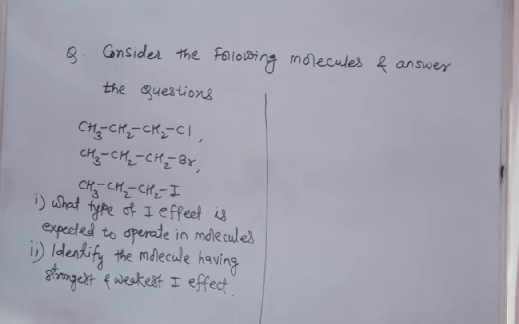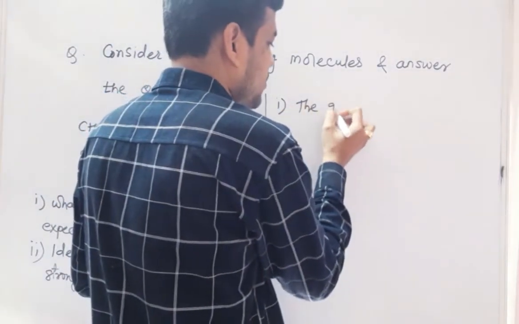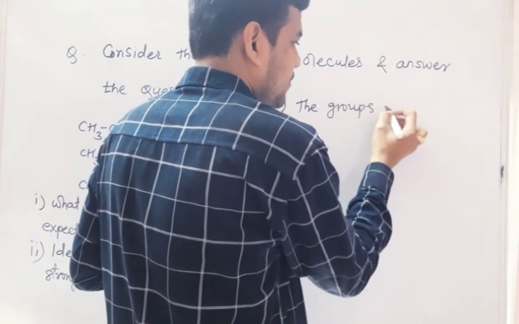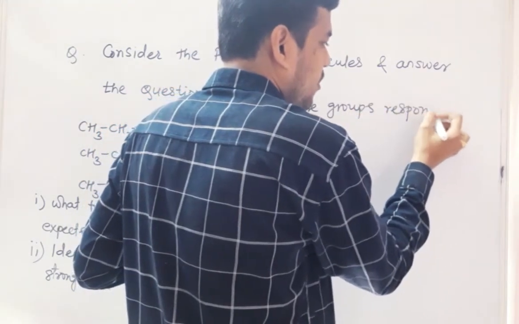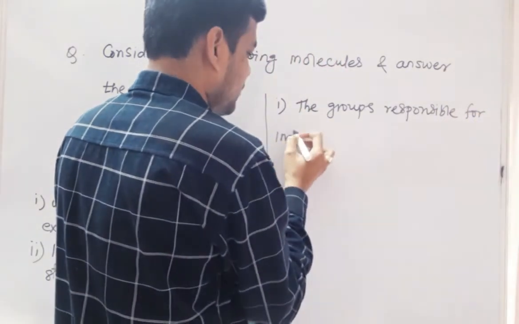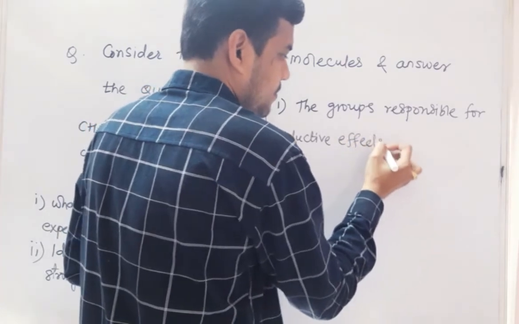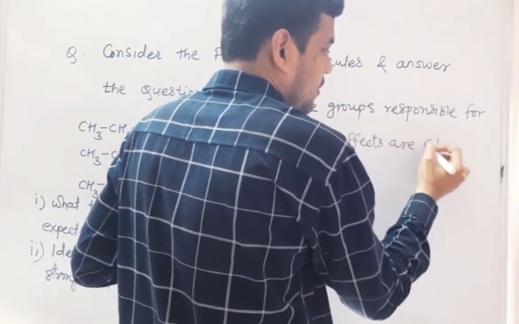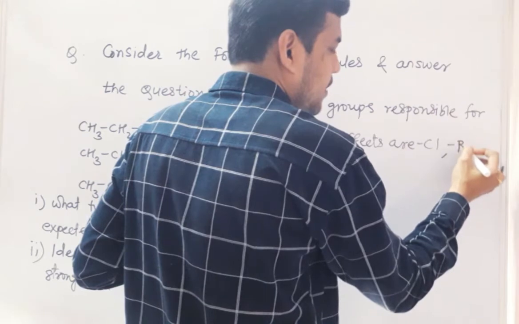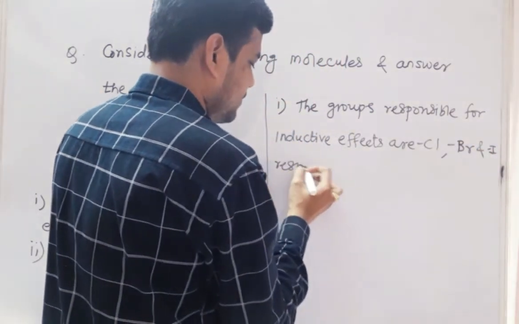Write down the groups responsible for the inductive effect. Answer of first: the groups responsible for inductive effect are -Cl, -Br and -I respectively.